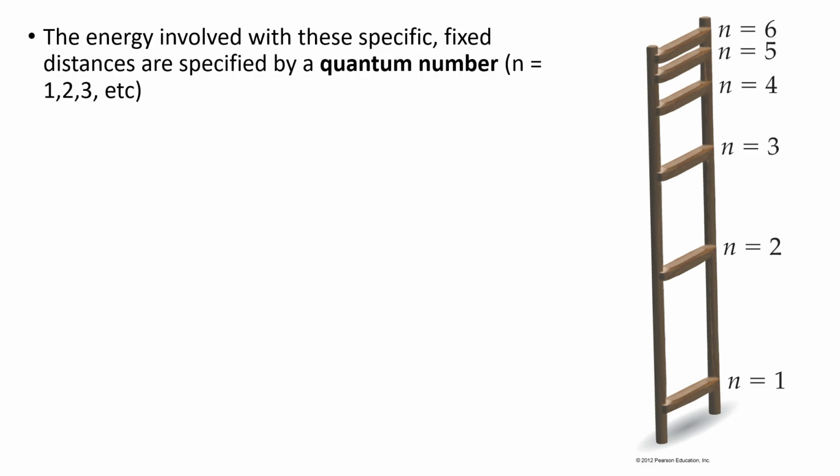So the energy levels involved with these specific densities are called quantum numbers, or quantum levels. So we can have quantum level 1, 2, 3, 4, 5, 6, and 7. Those numbers correspond to the period.